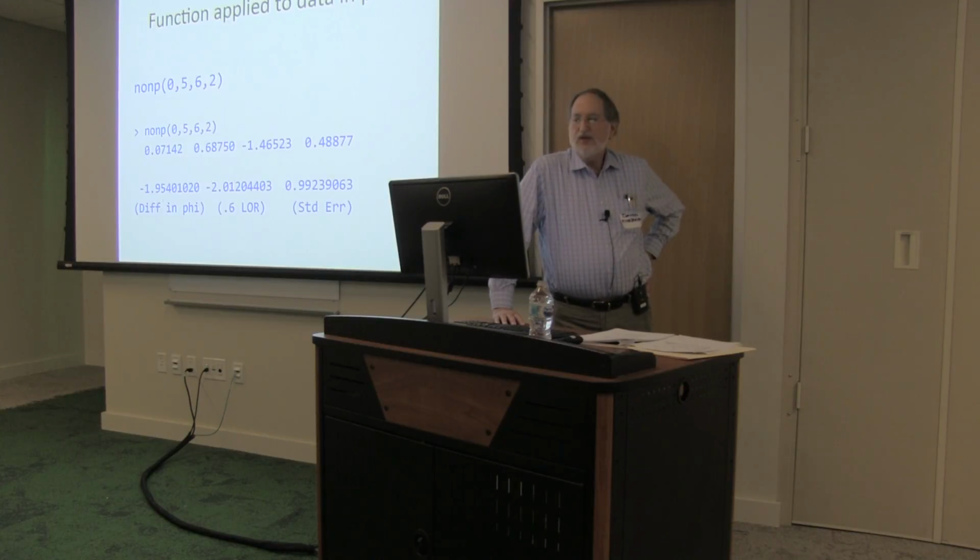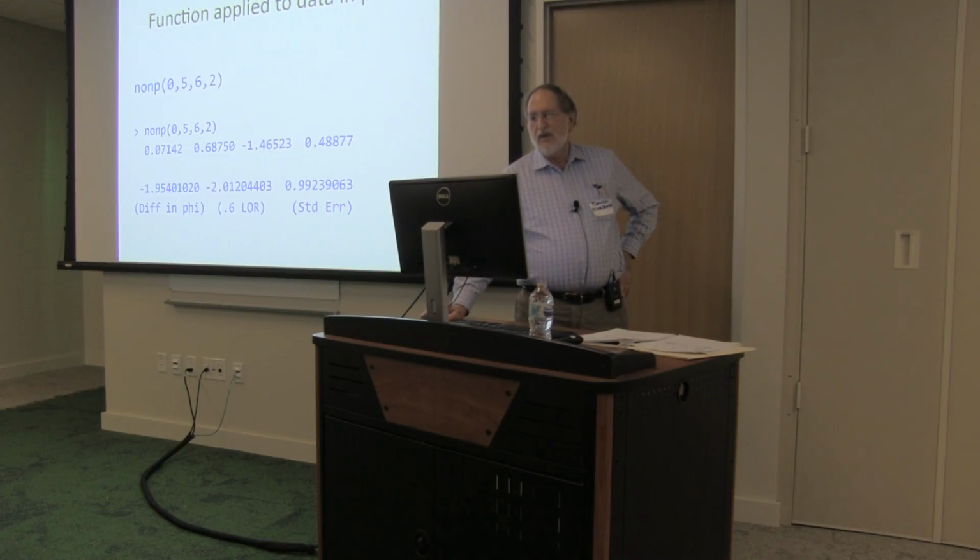The first one, which says difference in phi, is the difference that I would have liked to use because it's conceptually right. But instead I used the log odds ratio adjusted by a factor of 0.6, so it's 0.6 times the log odds ratio.